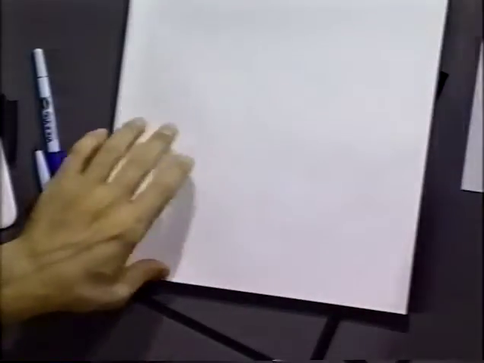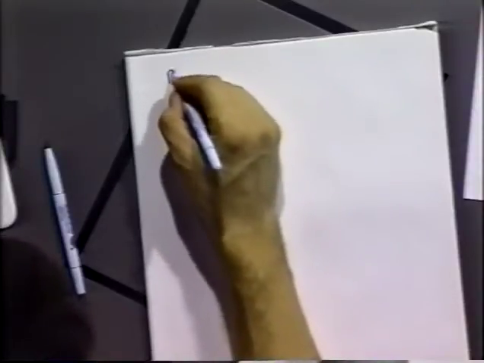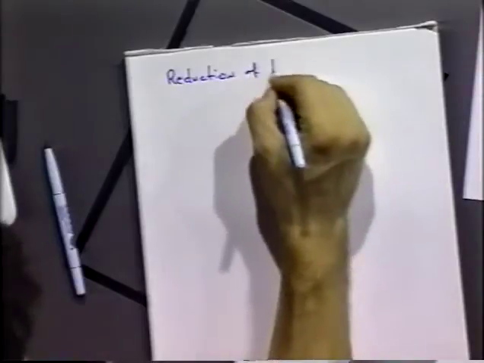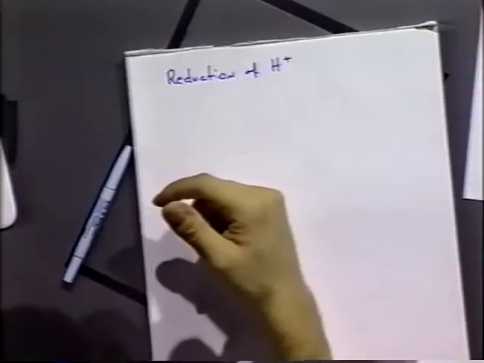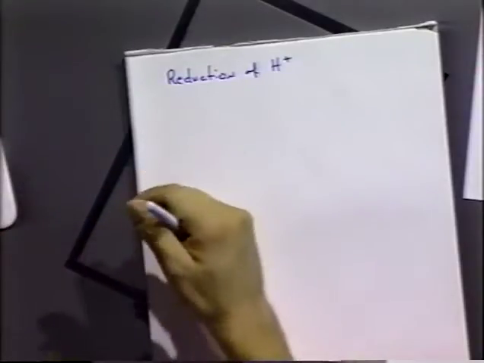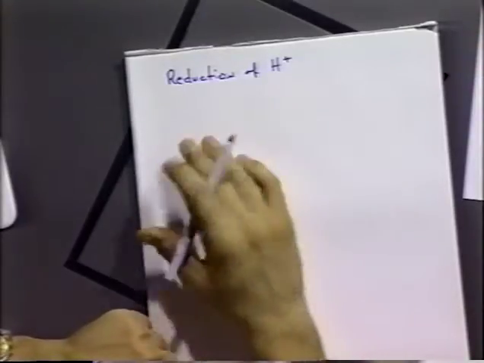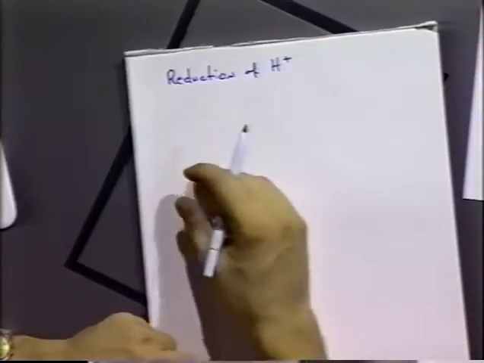So if we take a look at that, here's a system where we do see a very significant interaction of the electrode material with the proton. We've already talked about this a little bit. We said the reduction of protons on mercury is very slow, but the reduction of protons on platinum is very fast.